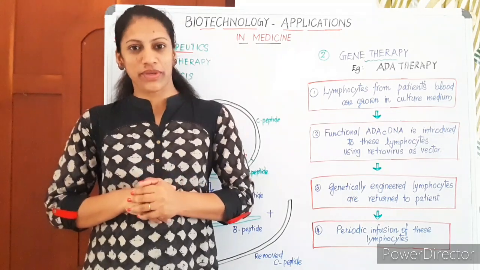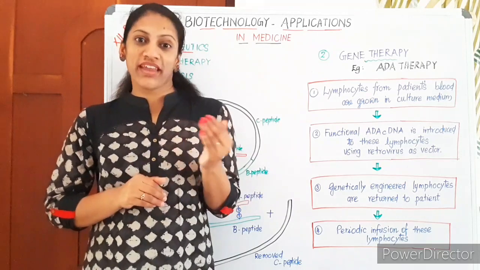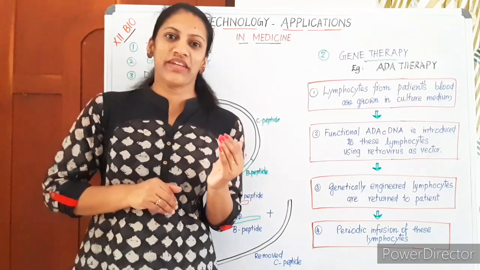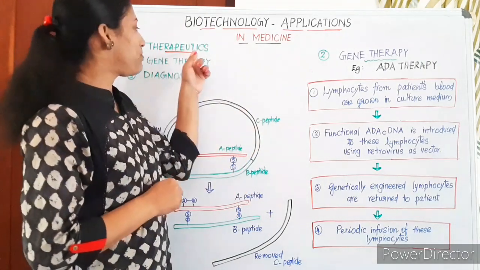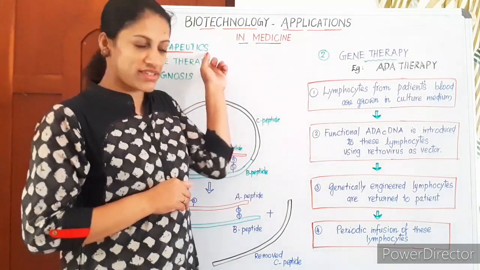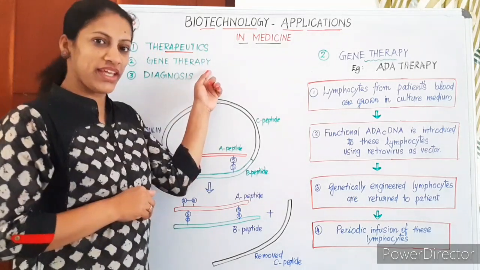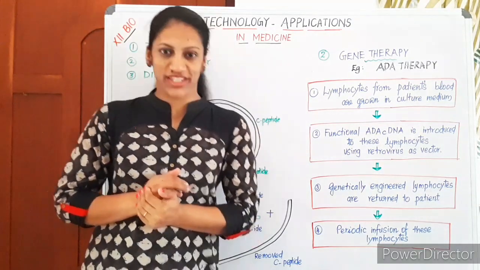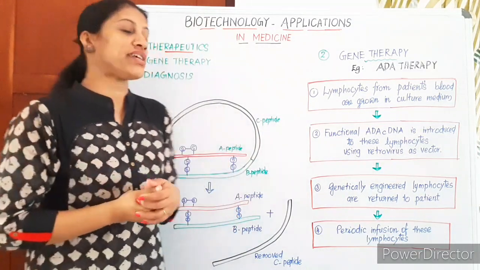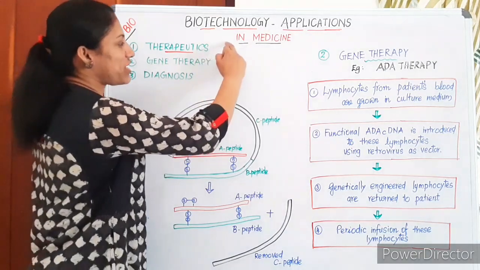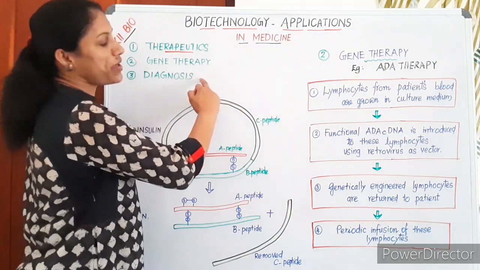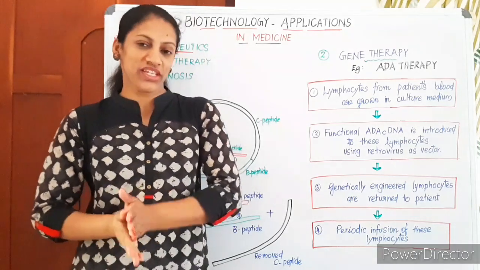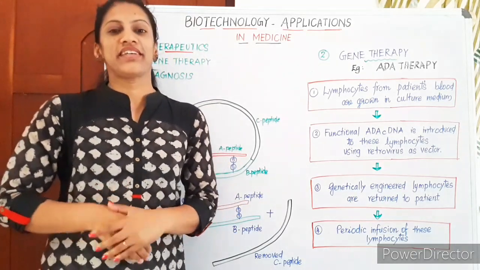The three main areas where biotechnology has its application in medicine are the production of therapeutic drugs, gene therapy, treatment of the genes, and also disease diagnosis, early diagnosis of the diseases. Let us discuss one by one.